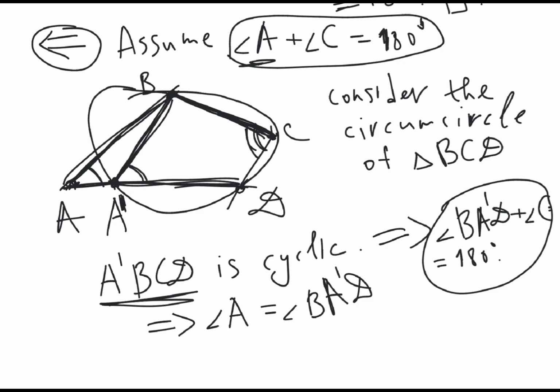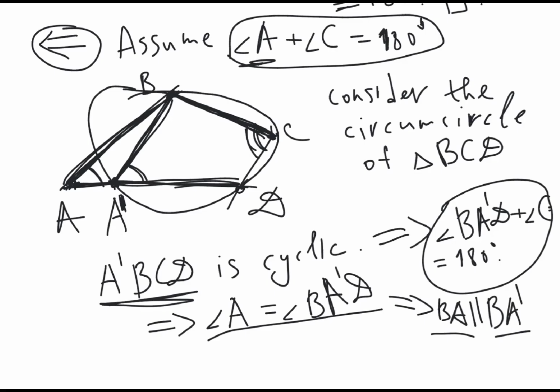The equality of these angles implies that BA would be parallel to BA prime, and then since these two lines have point B in common, they must coincide.